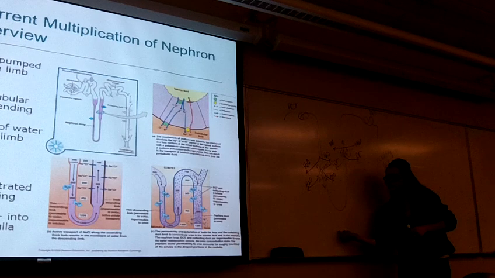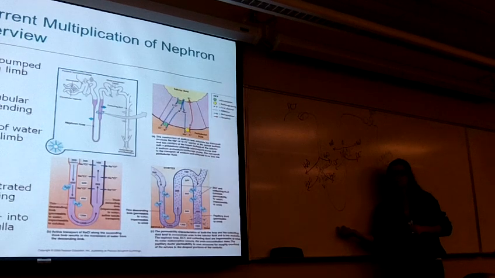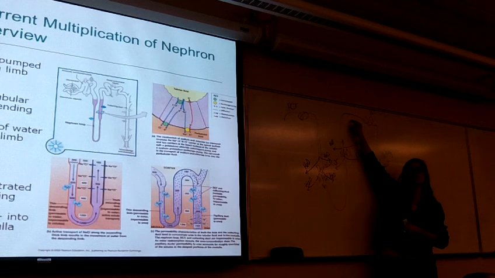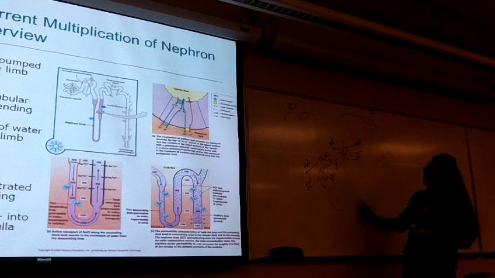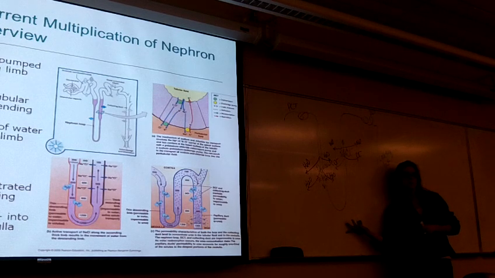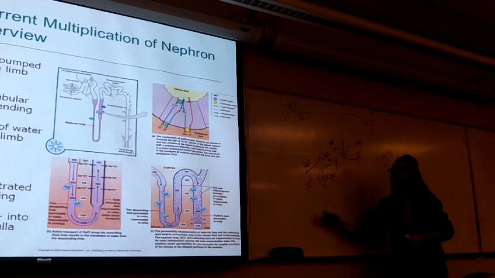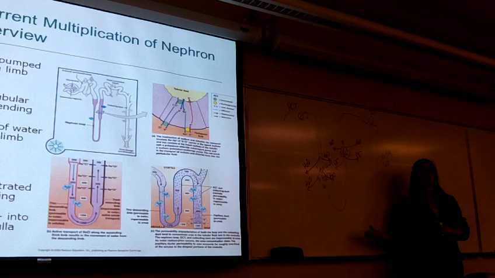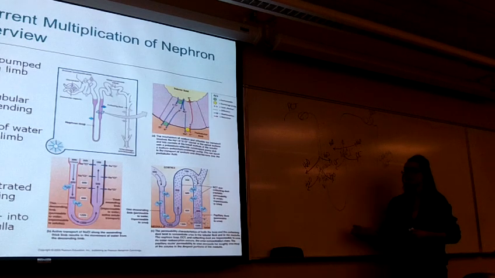If you look at the interstitial fluid down here, it's about 1,200 milliosmoles. Up here, it's around 300. So if you have a long loop of Henle and you're getting down into this really concentrated interstitial fluid, water is just going to fly out of that filtrate. It's going to allow for really fast reabsorption.